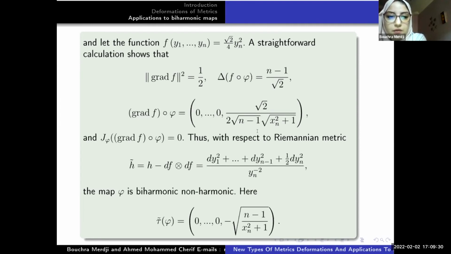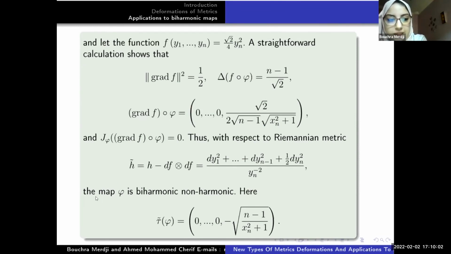In this vector field, all the components vanish except the last component, which is different from 0. And the Jacobi operator corresponding to var phi applied to the gradient of f circle var phi is equal to 0. Thus, with respect to the Riemannian metric, we find the deformation metric, which is given by H tilde equal to H minus df tensor product df, and equal to this.